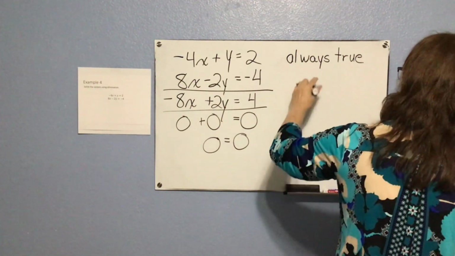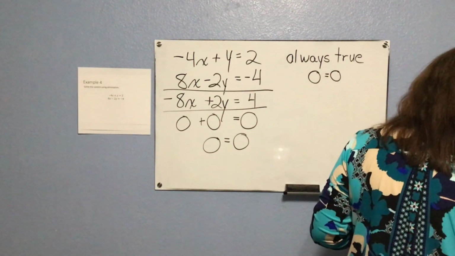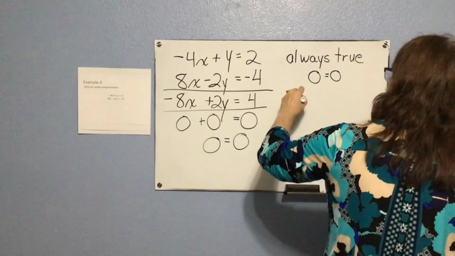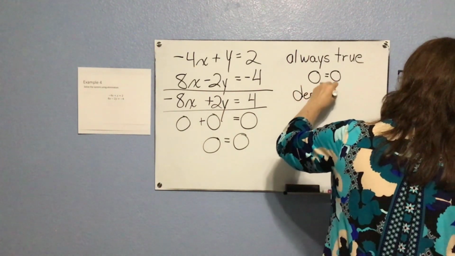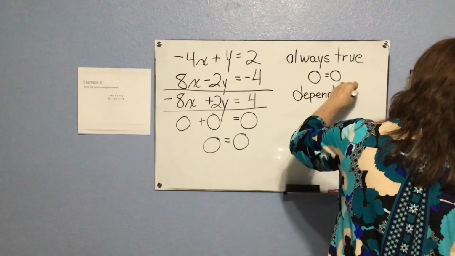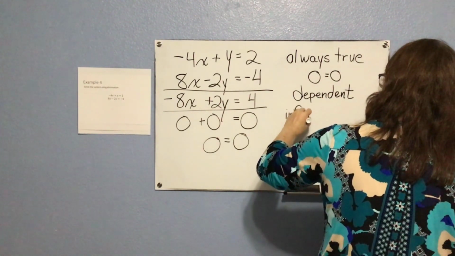And when we have a statement that's always true, 0 equals 0, then we say that the system is dependent and that it has infinite solutions.